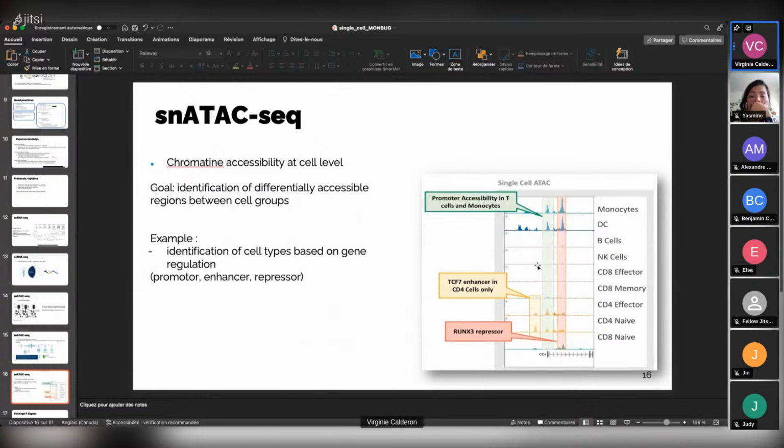So that's the way you are using single nuclei ATAC-seq, maybe to identify a cell type based on gene regulation, like promoter, enhancer, or repressor. It's like an ATAC-seq experiment, used to detect some peaks, some regions that are accessible, and try to link this to a cell type.